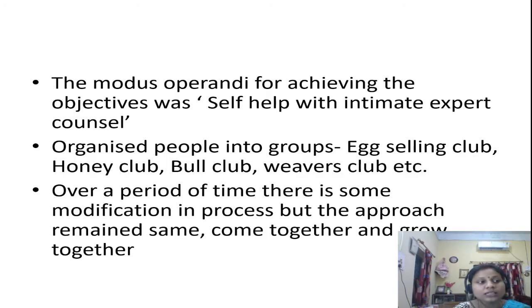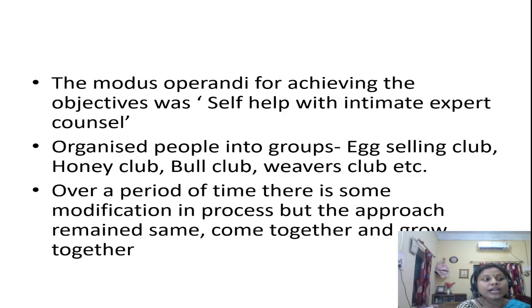But with this model, all the honey producers of the same village or cluster of villages come together. All the egg sellers come together, and then they pool their produce and sell it in the market for bargaining better prices. Ultimately, it achieves social and economic development this way.